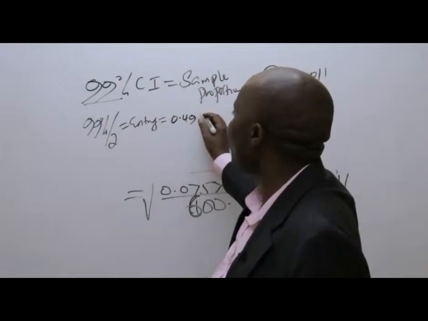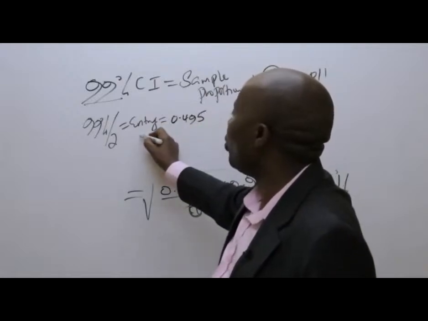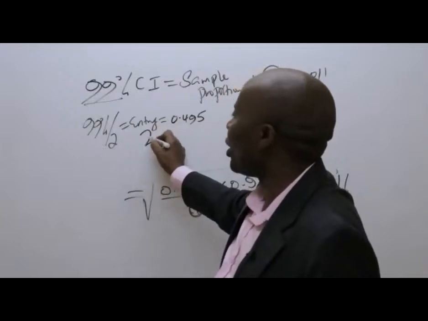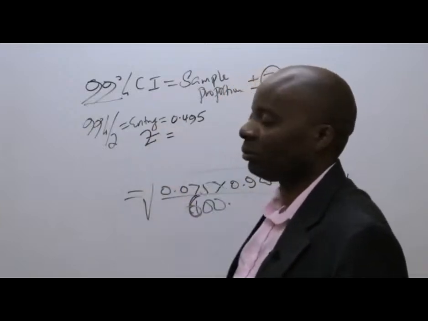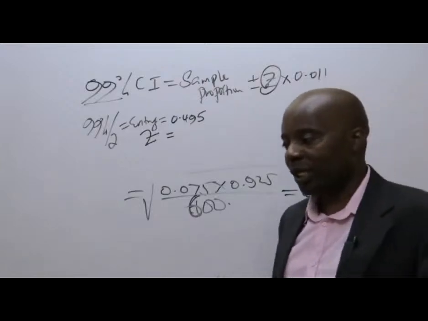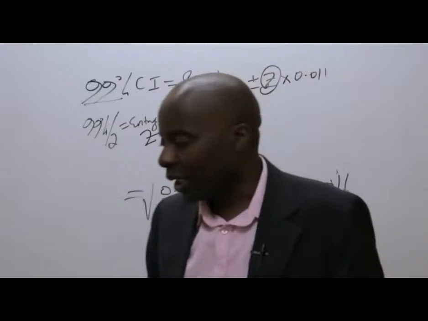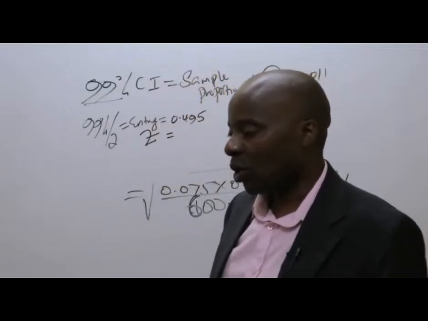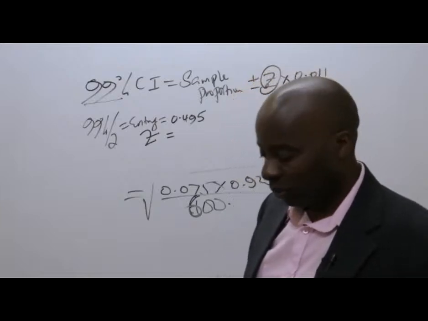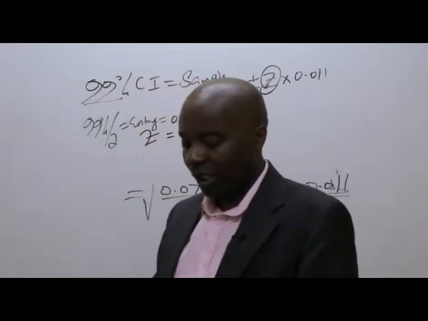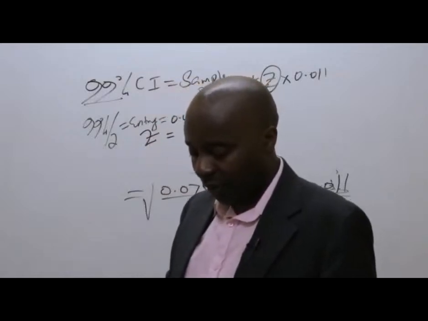Once I have this 0.495, go to your Z tables and read for us the corresponding Z score.